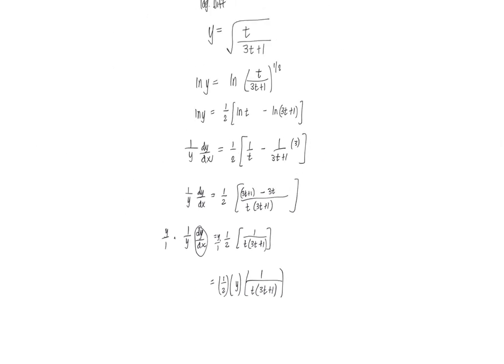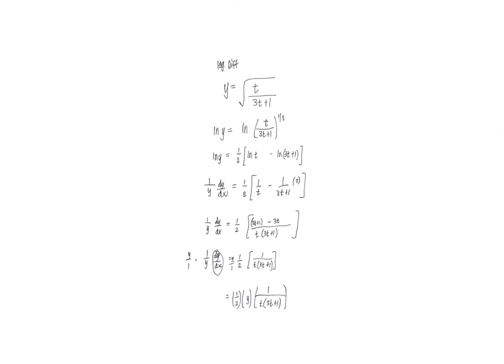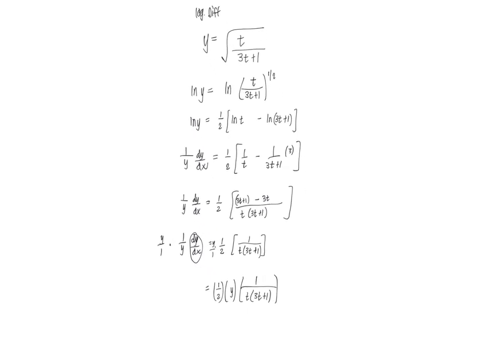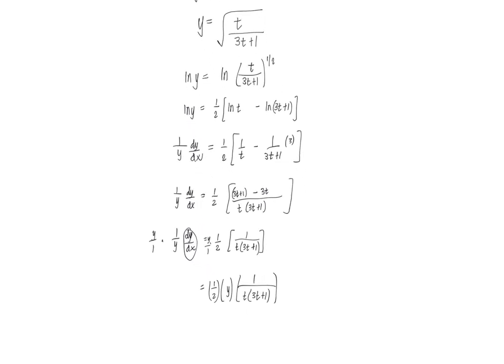So now all I need to do is plug in what y was. Y was the square root of t divided by 3t plus 1.